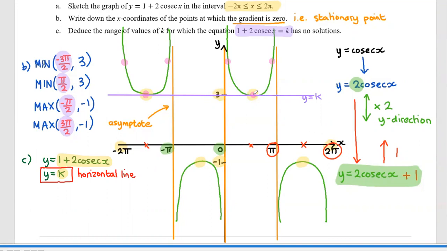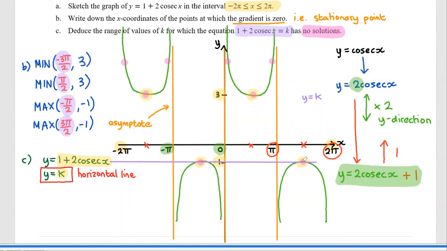So that means we have 2 solutions to the equation, but we want no solutions. It says clearly in the question, no solutions. Well, if I want no solutions, all I have to do is make k anything less than 3, because the line is not intersecting the curve 1 plus 2 cosec x at all, but only so far, because if I go down to -1, I'm back to 2 solutions again. So you can see here I've got solutions again at -pi over 2 and 3 pi over 2.